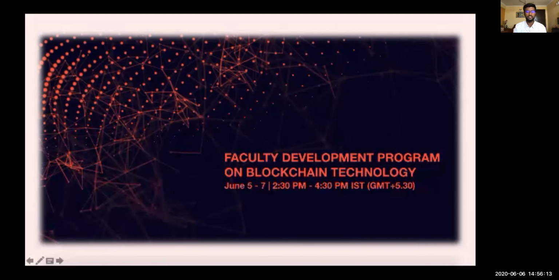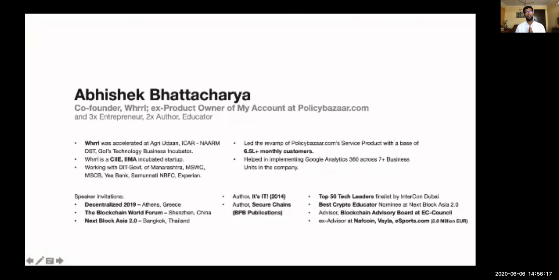So welcome to the faculty development program on blockchain technology, day 2. For the people who are joining me today for the first time, just a brief introduction of what I do in my general commercial life. I'm a co-founder of Startup World, also a blockchain-based startup. We are an Ahmedabad incubated startup, and the Indian School of Management, Ahmedabad is making a case study on us.